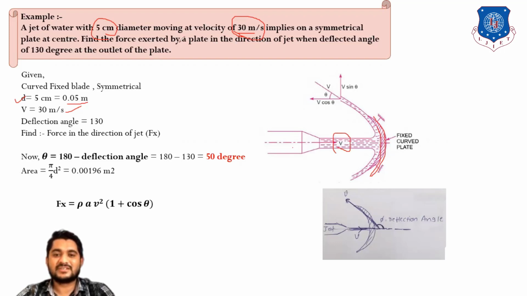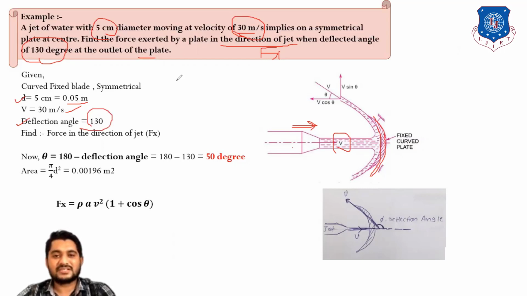Find the force exerted by the plate in the direction of jet. Here remember students, in the direction of x, that means you only have to find the value of Fx because the jet is moving in the direction of x. The deflection angle is 130 degree at the outlet of the plate. Here one new term is there, deflection angle. So let us write deflection angle is 130 degree.